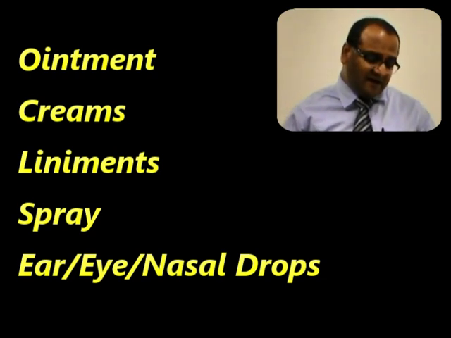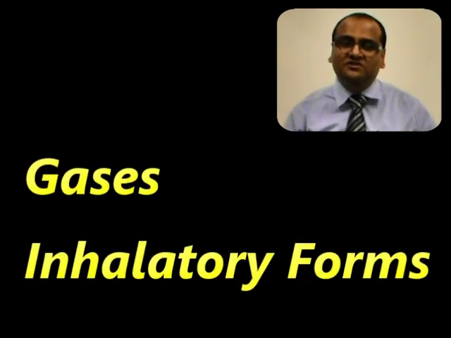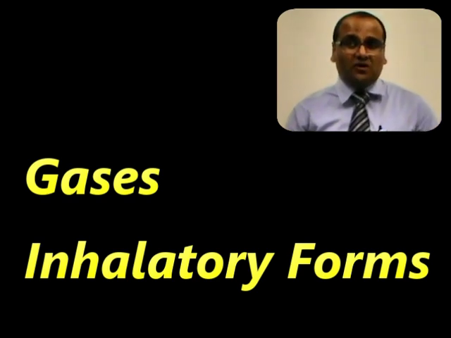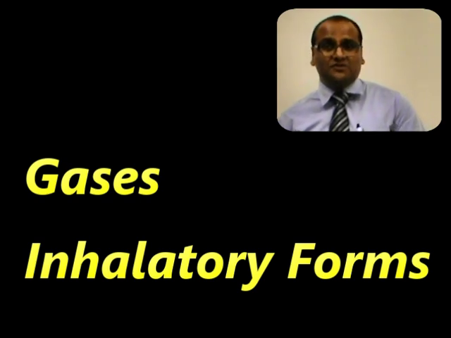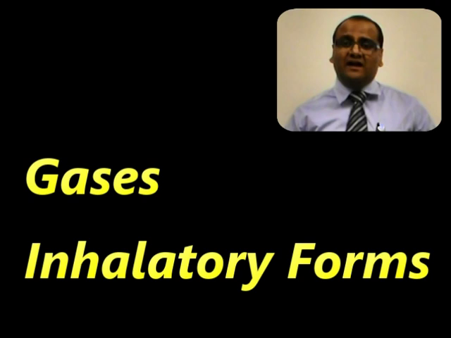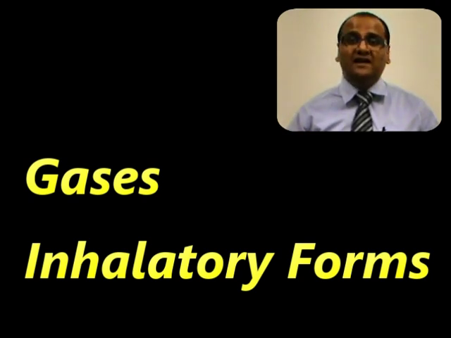Now apart from that, we have the gaseous variety of dosage forms. We use gases for anesthesia. So we use humidified oxygen. The word humidified is important because that distinguishes the normal oxygen from what we use in biology or for human beings. Then we have nitric oxide and so many other drugs which are given by the inhalatory route.